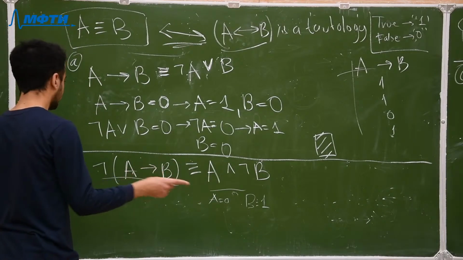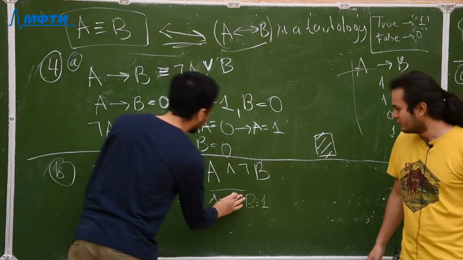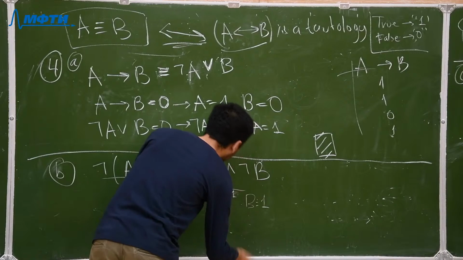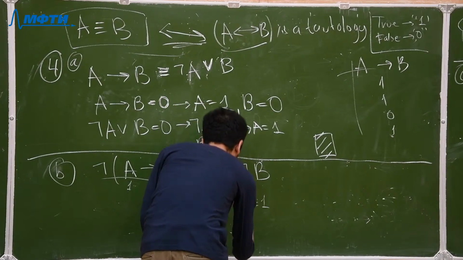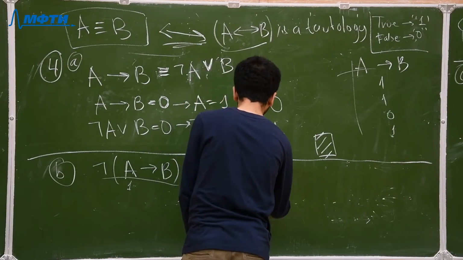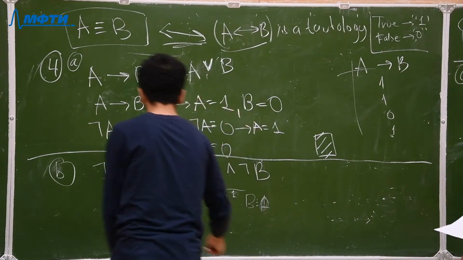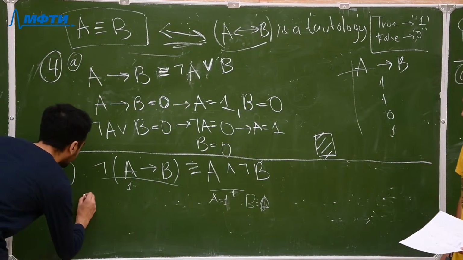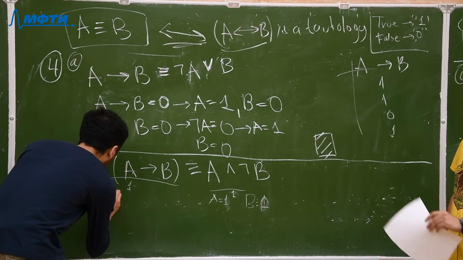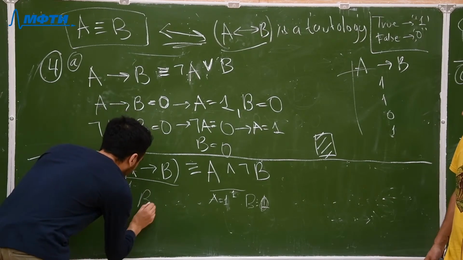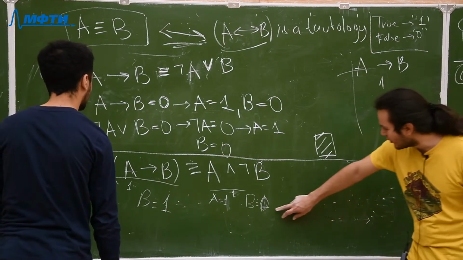Then it becomes... You're right. So let's change it. This will be 1, and this also will be. This will be 0. And for this A will be 0, and B will also be... sorry.